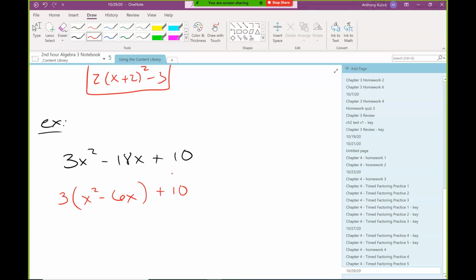So far, so good. Then we're going to take that x coefficient, divide it by 2, and square it. So that's what we're going to add and subtract, and we're going to do that inside the parenthesis.